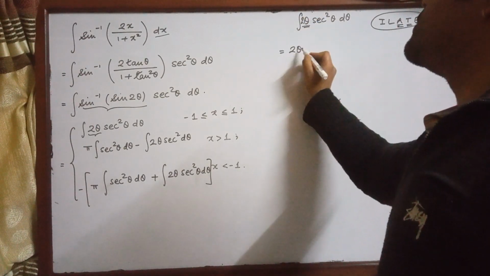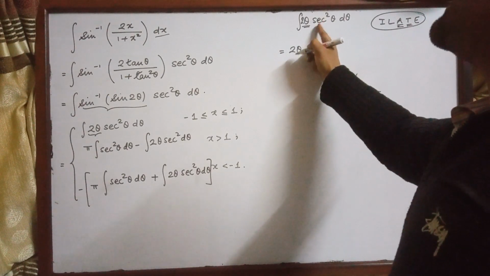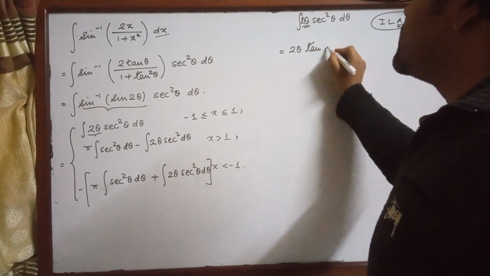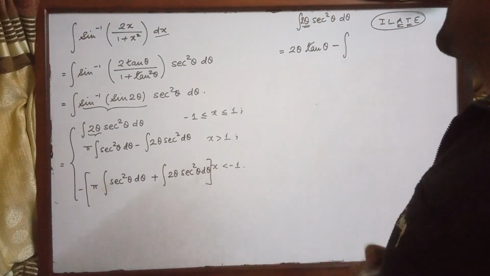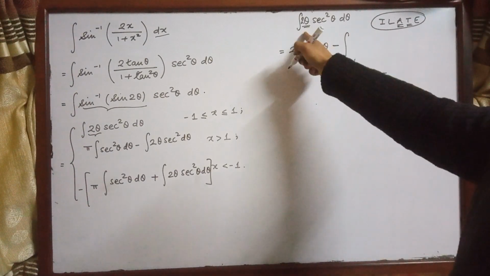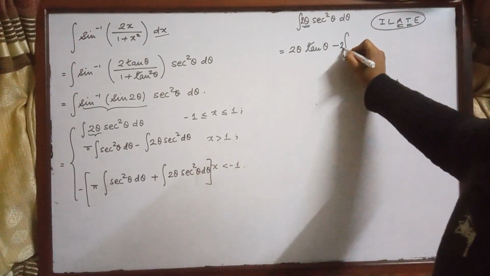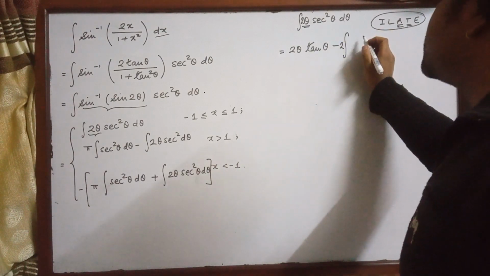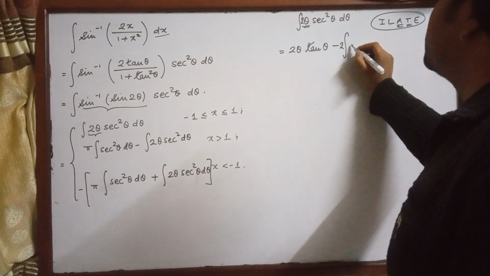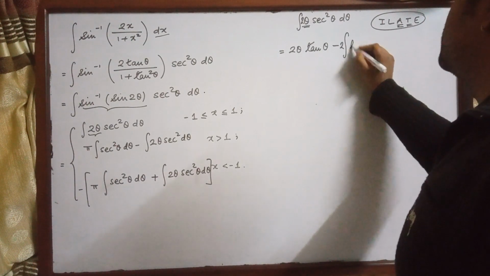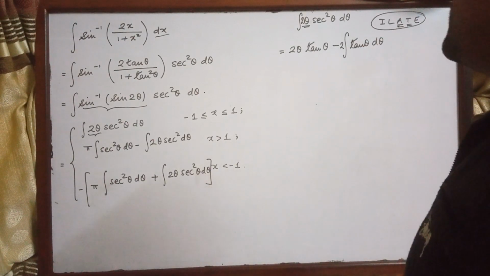So first function times the antiderivative of the second function, minus the integral of the derivative of the first function times the integral of the second function.